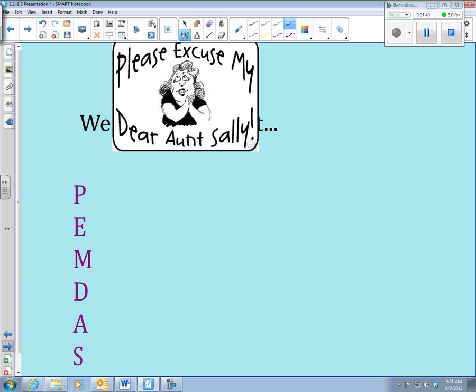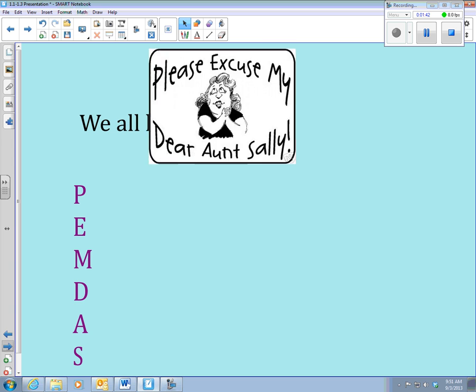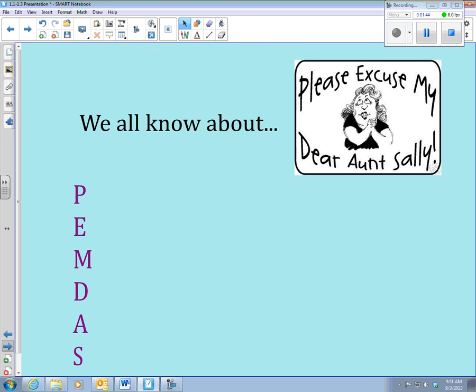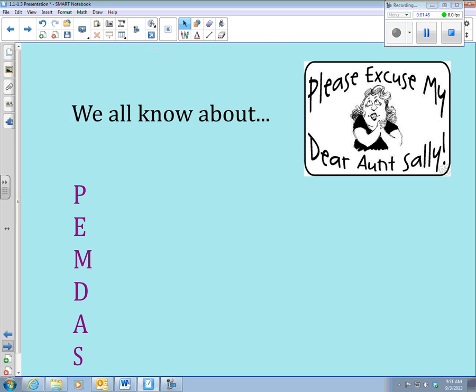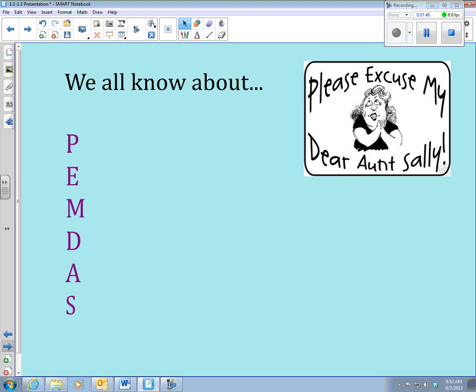So one of the things we're going to be doing is evaluating these expressions. One of the acronyms we use is PEMDAS, or Please Excuse My Dear Aunt Sally. But what does each one of these represent?